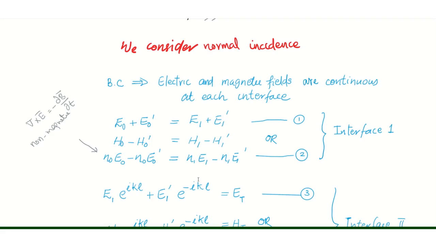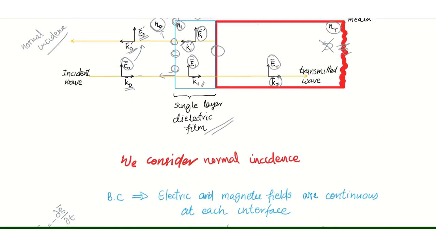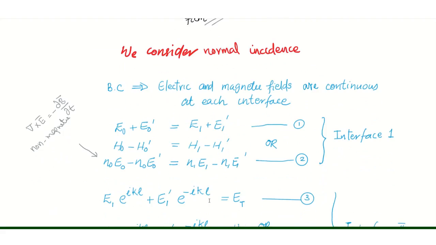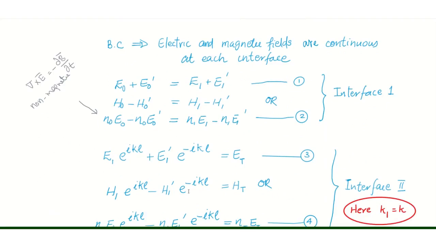Now, in order to get to the second interface here, the light has to travel a length of L, and it will add to its phase. Then the boundary conditions become E1 e to the power ikL, and E1 prime e to the power minus ikL, where the direction has changed.